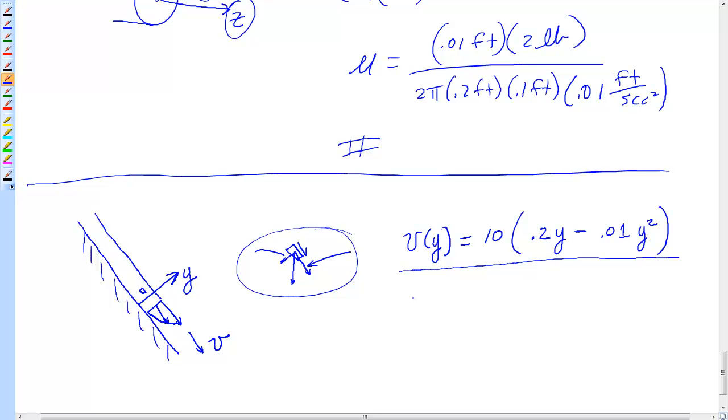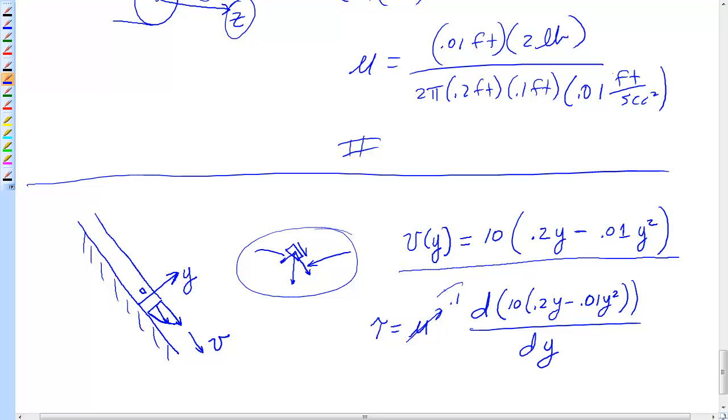Then the question is, what would the shear stress be? Shear stress would be some constant, say, let's just make the number 0.1. We haven't put units here, so we're not going to worry about that for the moment. And we're going to take the derivative here: 10 times 0.2y minus 0.01y squared, and take the derivative with respect to y.